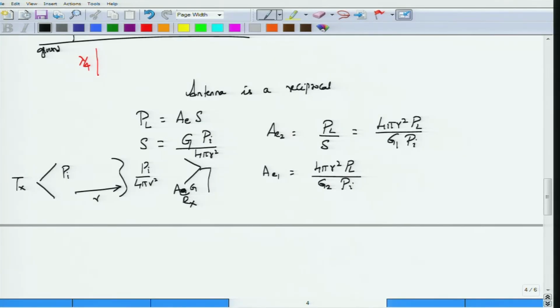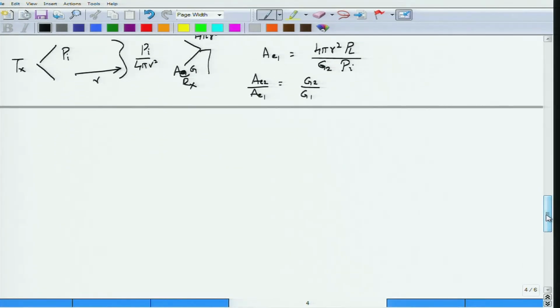This is essentially the reciprocity theorem. If you now look at the ratio of the two effective apertures AE2 to AE1, that ratio will be equal to the ratio of their respective gains G2 by G1. So, with this knowledge of effective aperture, we are now ready to complete Friis transmission formula.